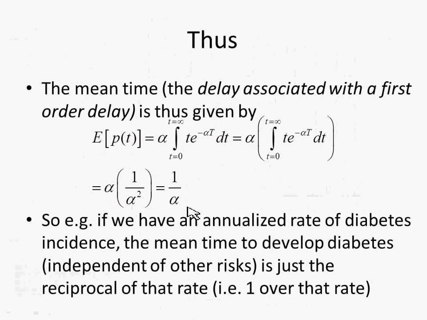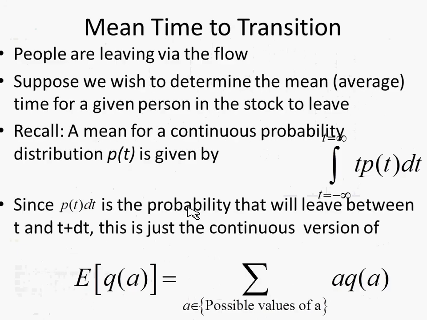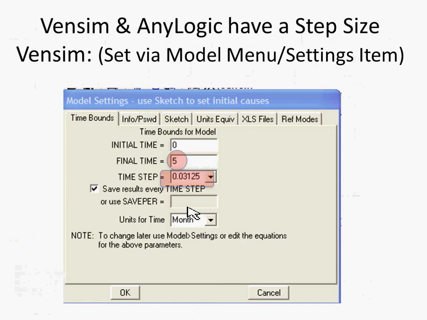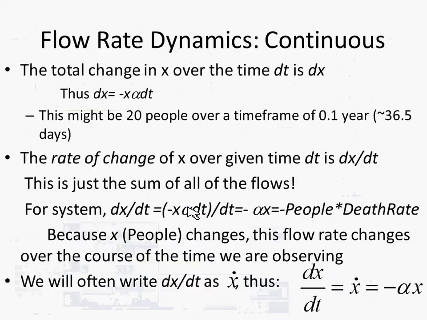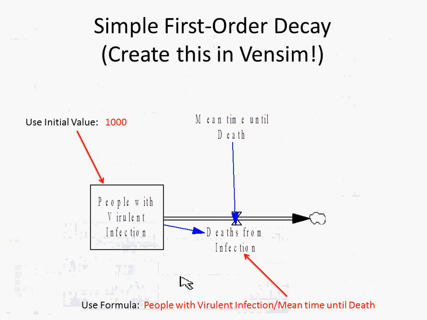And conversely, if I write the outflow as the stock times some constant alpha, the mean amount of time that they'll spend in that stock is 1 over alpha. Does that make sense?